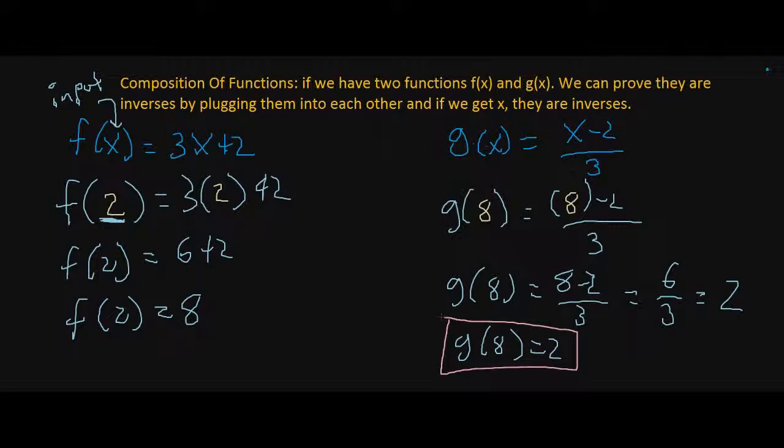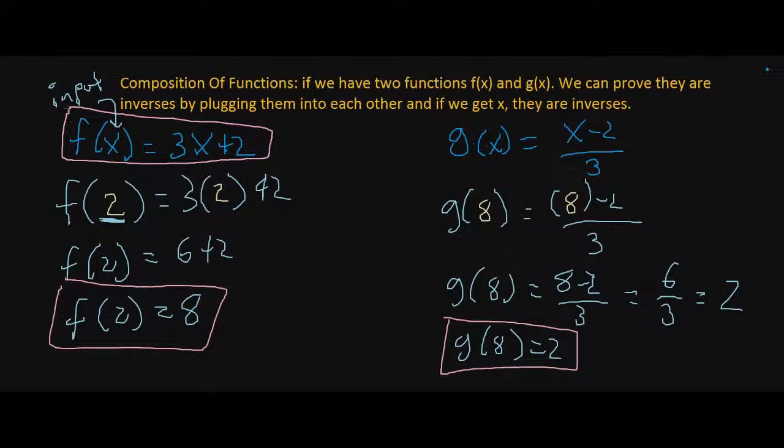Alright, if you notice here, when we plugged 2 into our function, we got 8 as our answer. In this problem, when we plug 8 into this potential inverse equation, our answer is 2. So these two equations are inverses of each other. Like we talked about, inverses undo each other.